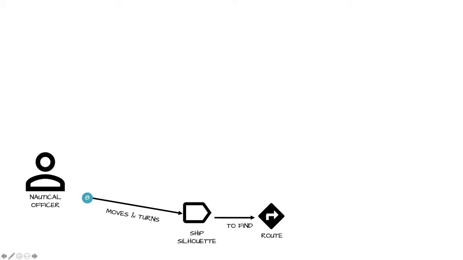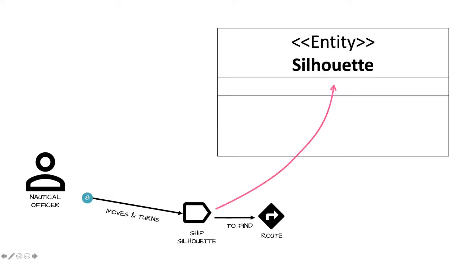Okay, so how do we find a domain model when we go back to our domain story? There's this rule of thumb. We take the work objects, like the ship silhouette and the root here, and turn them into classes.